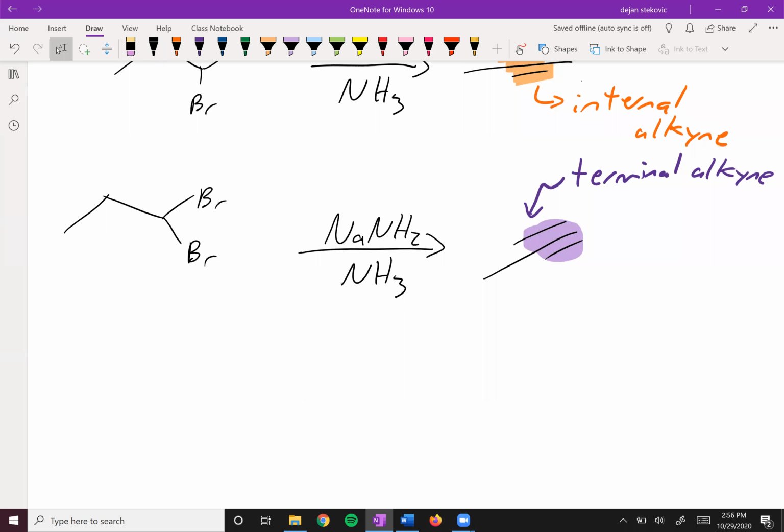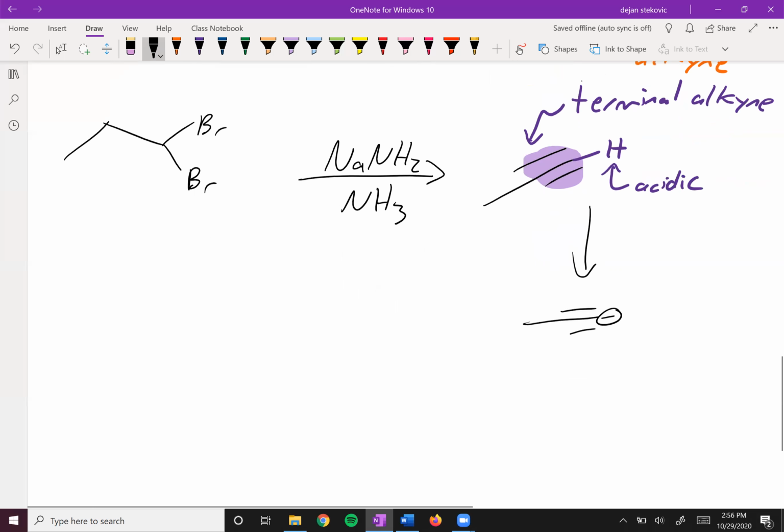And terminal alkynes are a little bit special because we have this hydrogen here. And if you think back to when we learned about acids and bases, this is actually pretty acidic. And so if we add some kind of strong base, such as our sodium amide, we'll actually deprotonate this and form the anion.